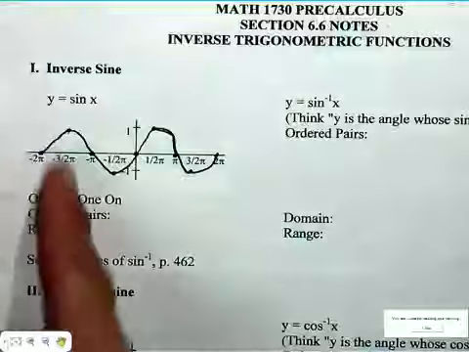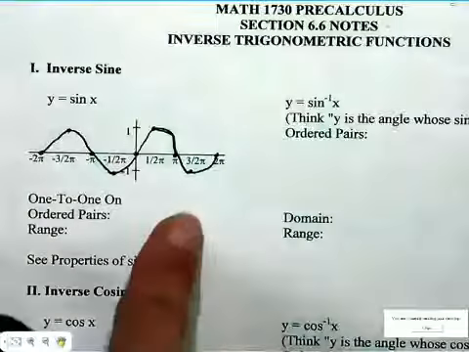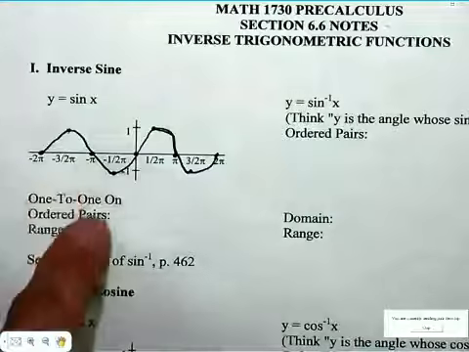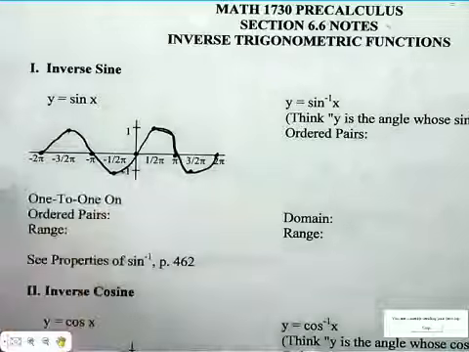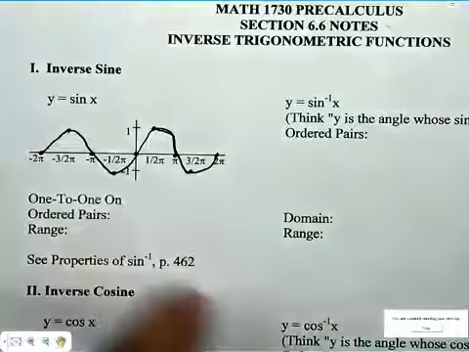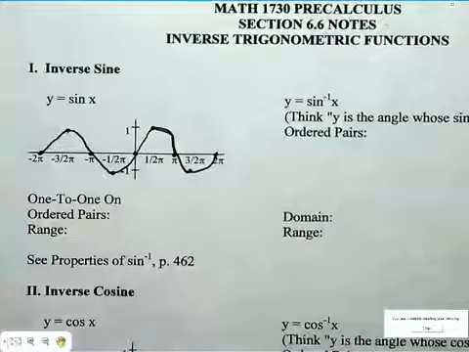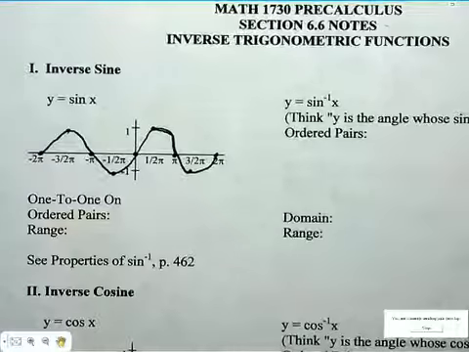Anywhere you put a vertical line on that graph, it's only going to touch the graph in one place, but it's not one-to-one because it doesn't pass the horizontal line test. There are infinitely many places you could put a horizontal line that would touch the graph in more than one place. You can't talk about the inverse of a function unless you restrict its domain to a portion of the graph for which the graph is one-to-one.